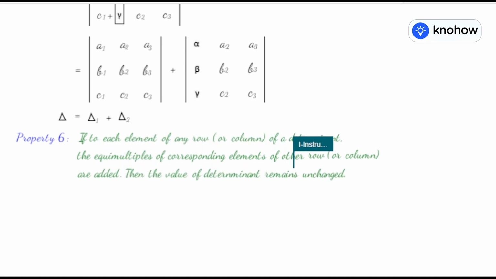By this you mean that if you take the ith row and to each element of this ith row you add k times the corresponding elements of the jth row, the value of the determinant will remain the same. Or it could be a column. If to each element of the ith column you add k times the elements of the jth column, the value of the determinant will remain the same.